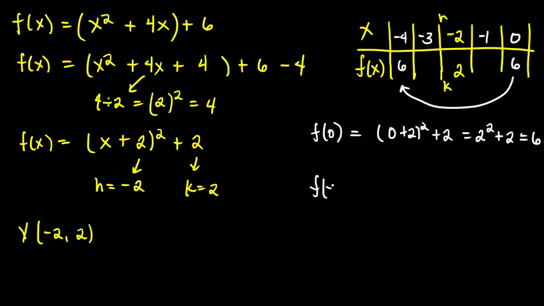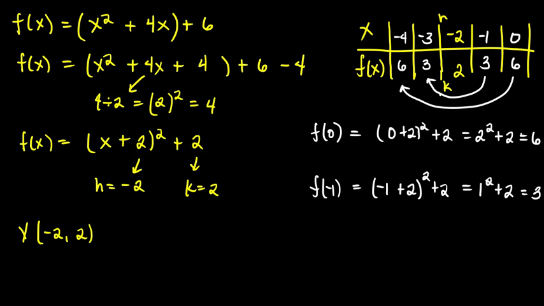Then we have f of negative 1. So we have (negative 1 plus 2) squared plus 2. Negative 1 plus 2 is 1. So we have 1 squared plus 2. 1 squared is 1. 1 plus 2 is 3. So the value of f of negative 1 is 3, which means the value of f of negative 3 is also 3, because that is just reflection here.